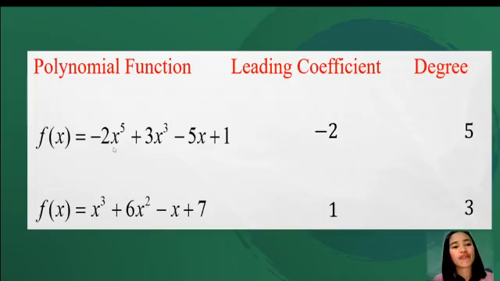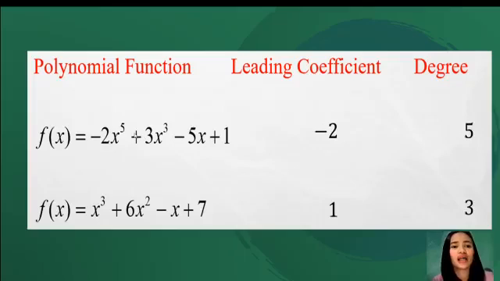So, number 1: f of x equals negative 2x to the 5th plus 3x cubed minus 5x plus 1. If you look at this polynomial, it's already written in standard form, since the exponents of the terms are in descending order already. Then we take a look at the highest exponent. What is the highest exponent in this polynomial function?